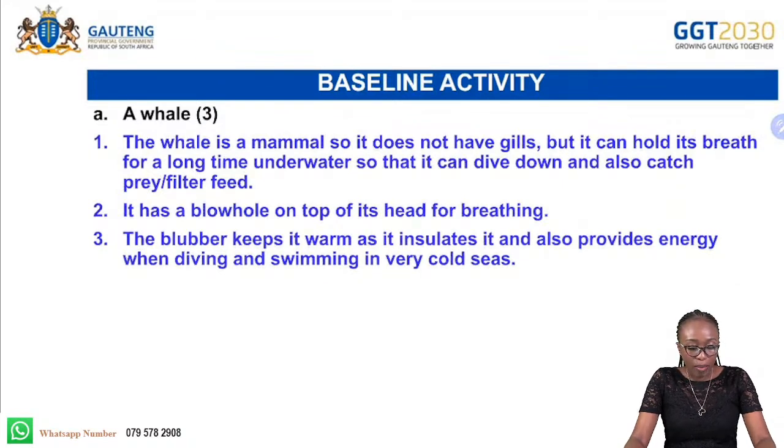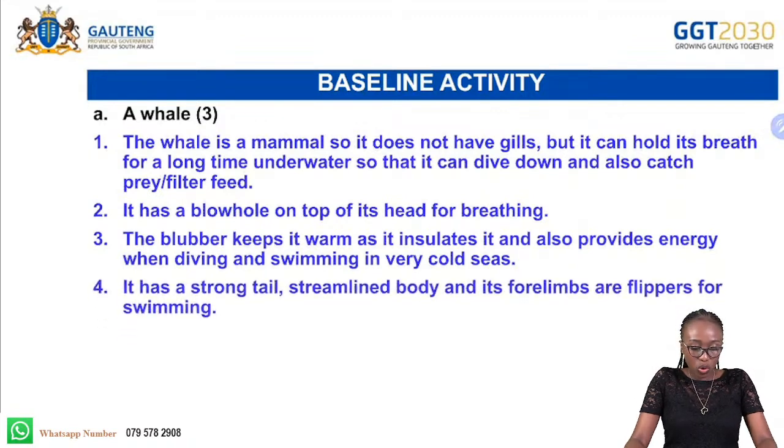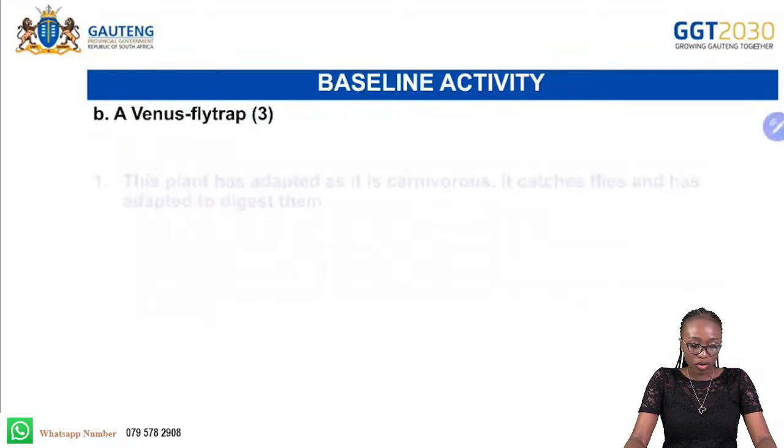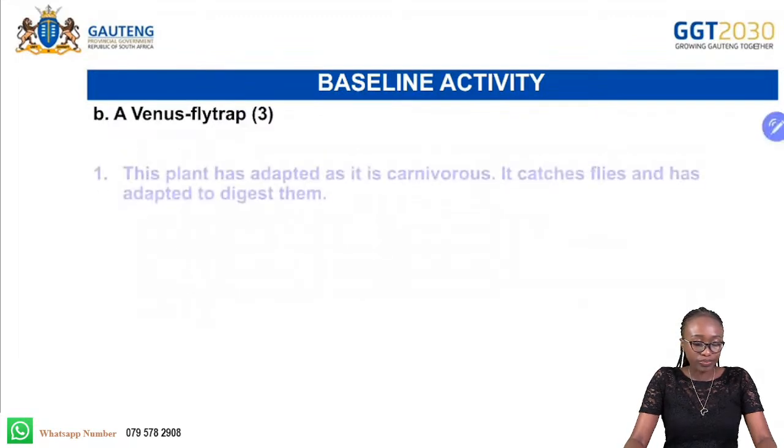Then the blubber keeps it warm as it insulates it and also provides energy when diving and swimming in very cold seas. It also has a strong tail, streamlined body, and its 4 limbs and flippers are for swimming.